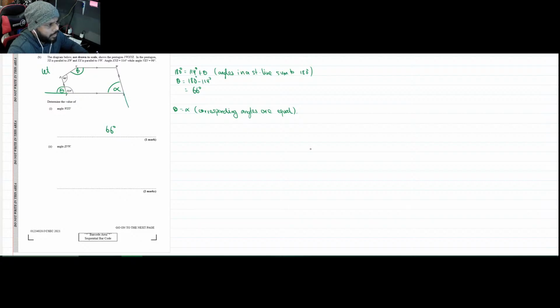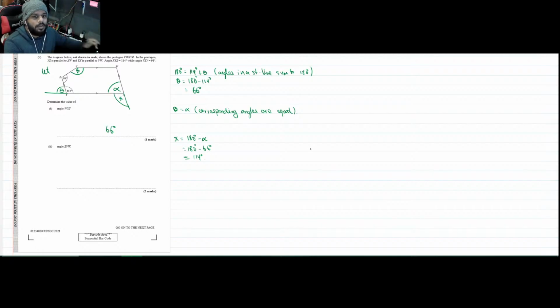Calculate the size of this angle here. Let me call this angle little x. I could say little x is equal to 180 degrees take away alpha. That is 180 take away 66, and that is 114 degrees. I don't need to put a reason why, because I already stated angles in a straight line sum to 180 degrees.